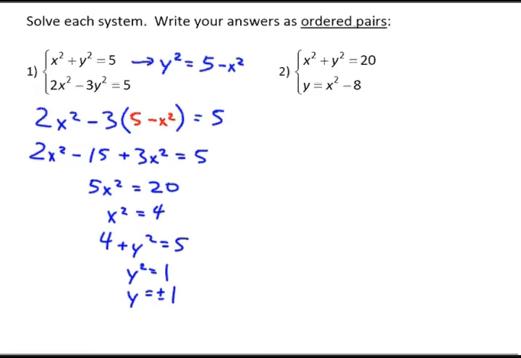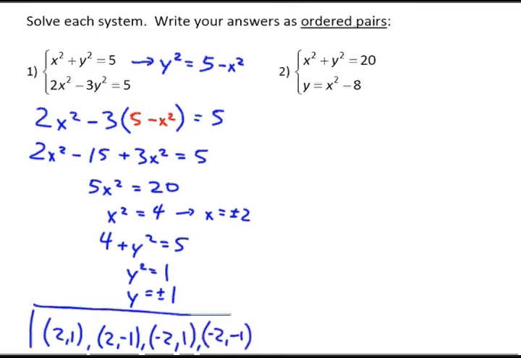This system has 4 solutions. x can be plus or minus 2, y can be plus or minus 1. So that means we have (2, 1), (2, -1), and so on. So this system has 4 points of intersection. This circle intersects this hyperbola 4 times.